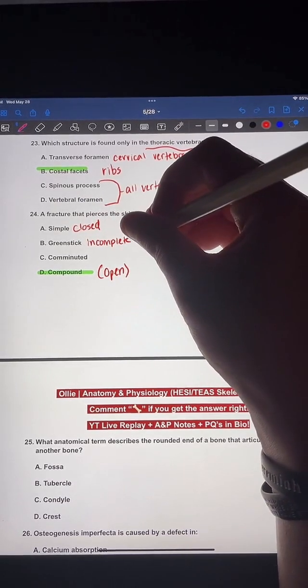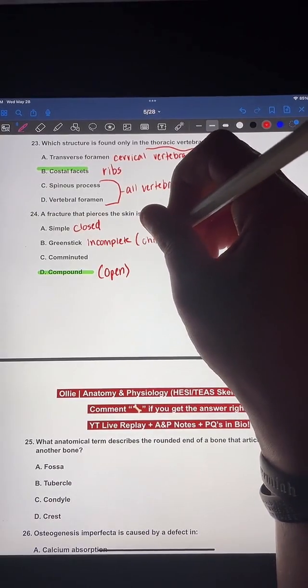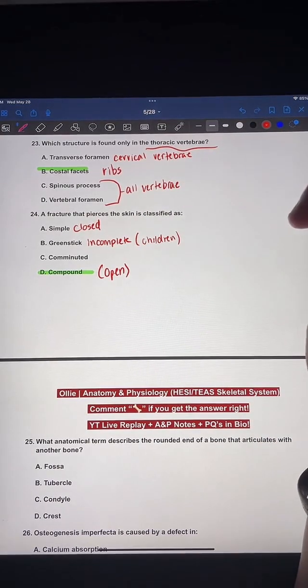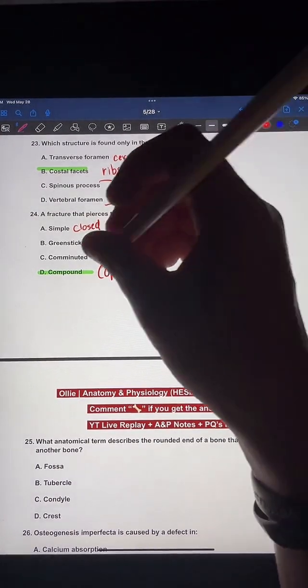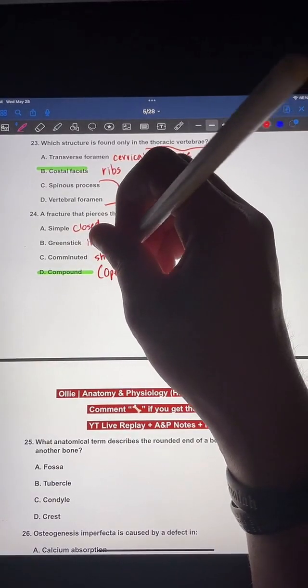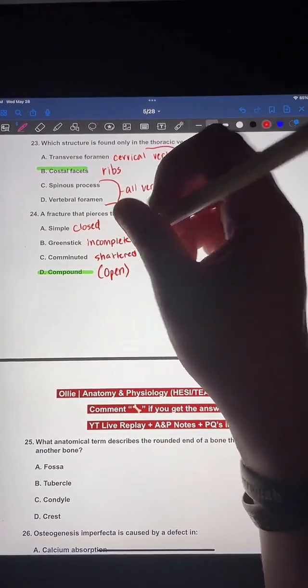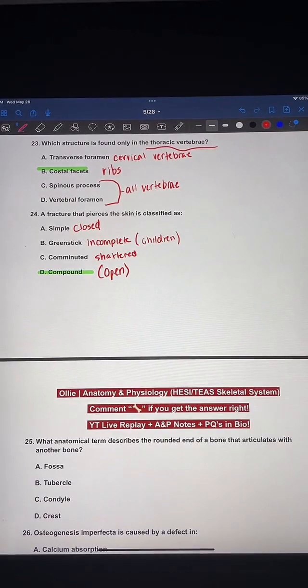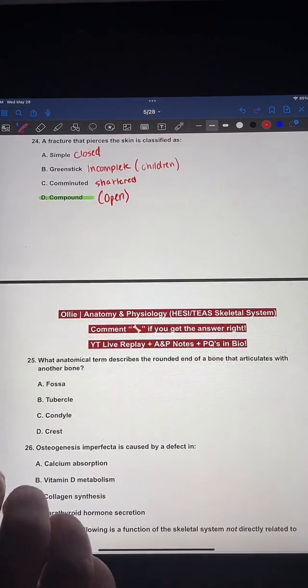This is mostly in children. A comminuted fracture is where the bone is shattered into pieces. This may or may not pierce the skin, but this is essentially referring to when the bones are shattered into multiple pieces.